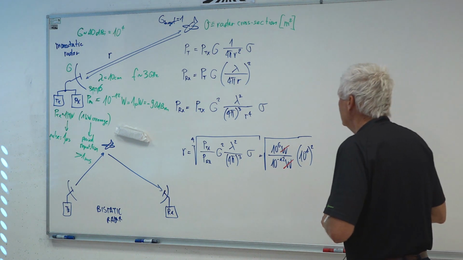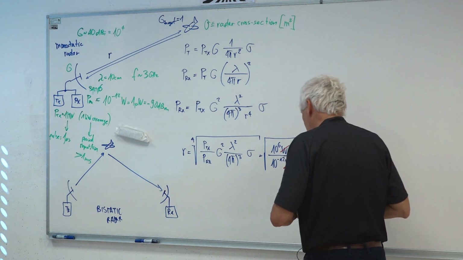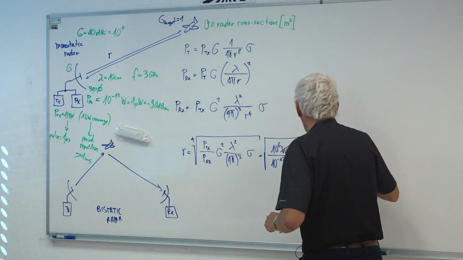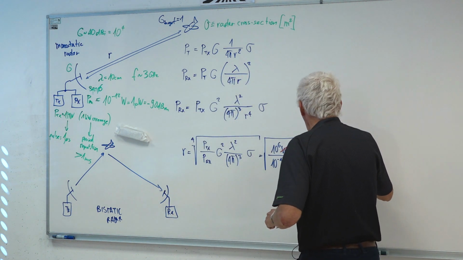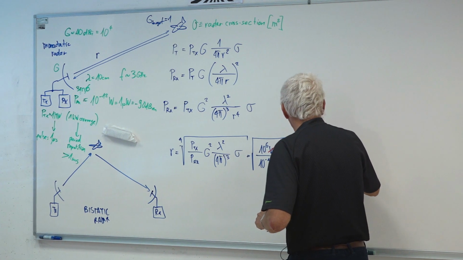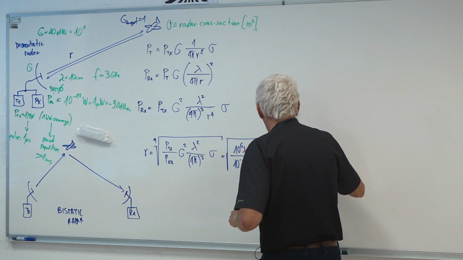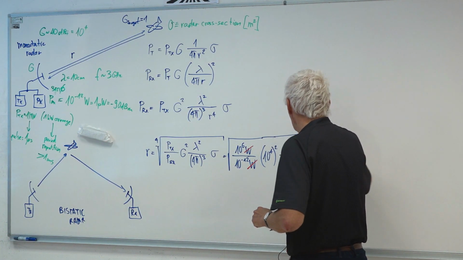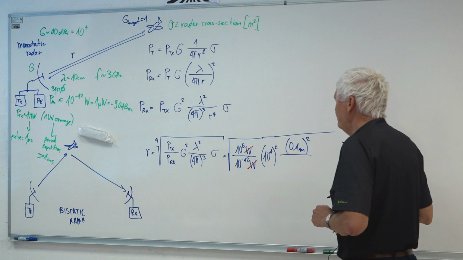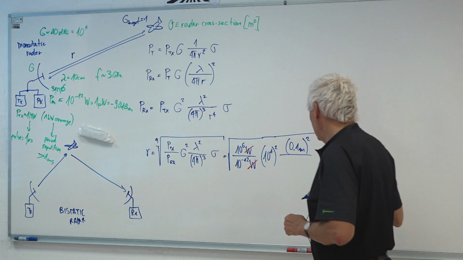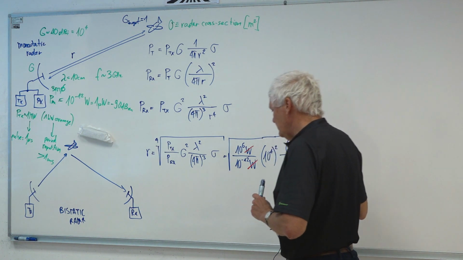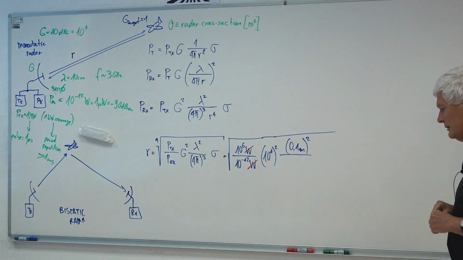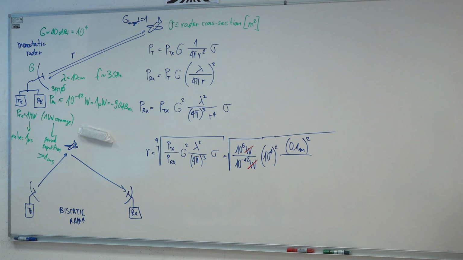So let's put all figures in our equation. Here we have 0.01 meters squared, and I have 4 pi to the third power. 4 pi is 12.56, squared is about 150.